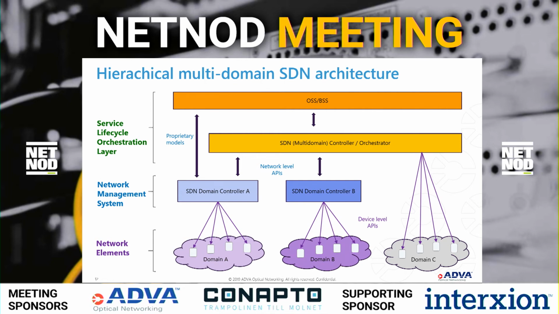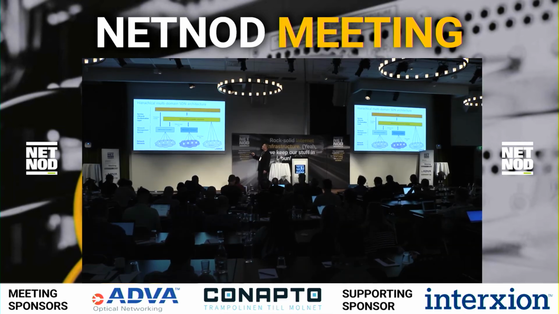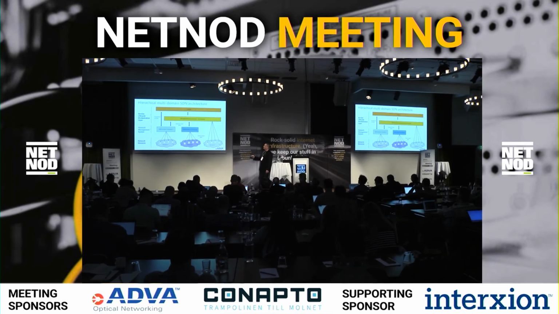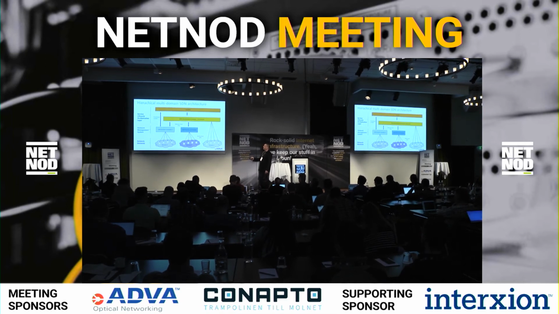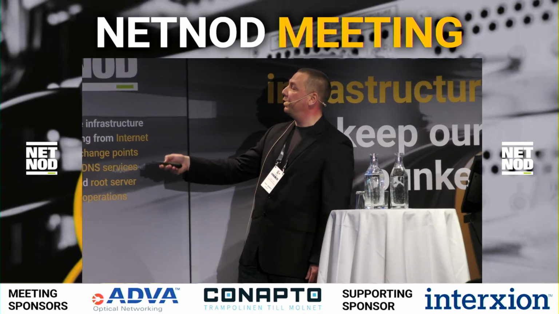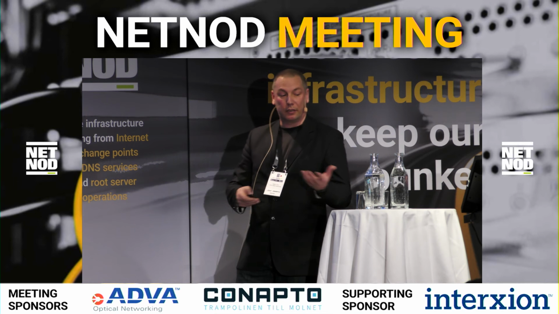Below this, as this system doesn't know how the transponders from vendor A are working, how the optical layer from vendor B is working, or how the alarm handling in domain C is working. I don't know how that should be relevant, but this depicts different parts of the network.